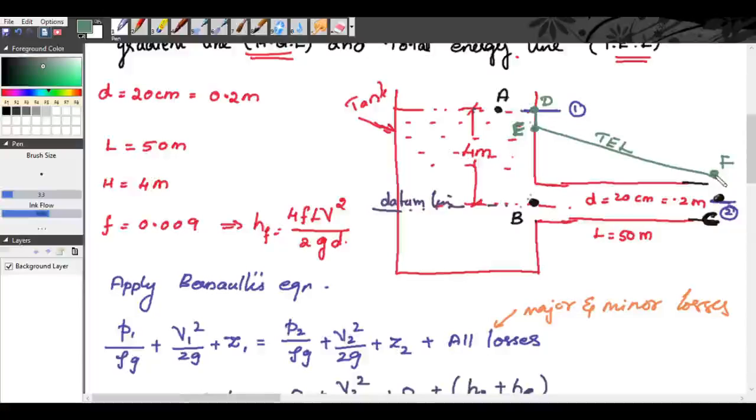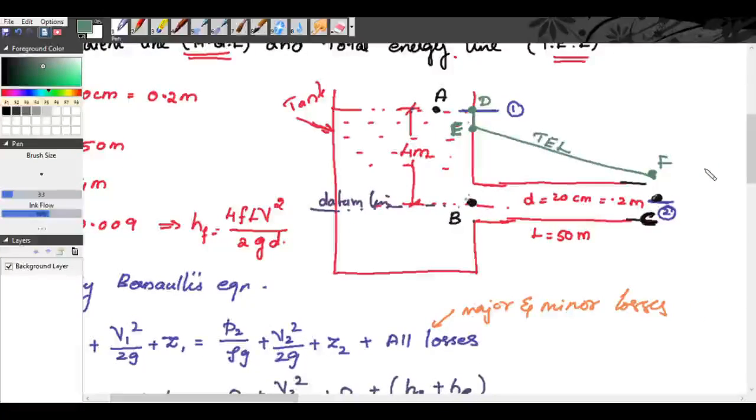Okay. So how will we mark this? First of all we will mark this 0.38 meter.